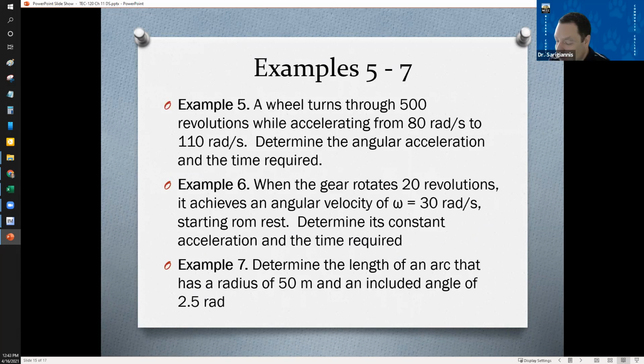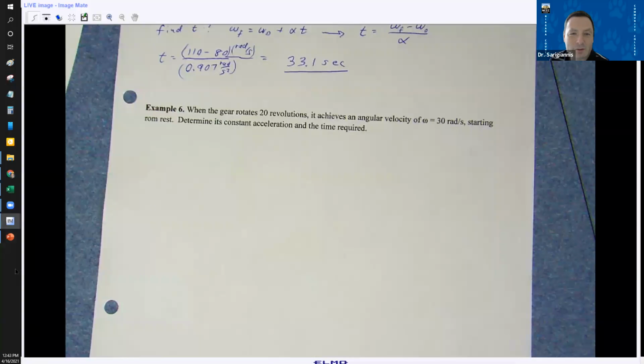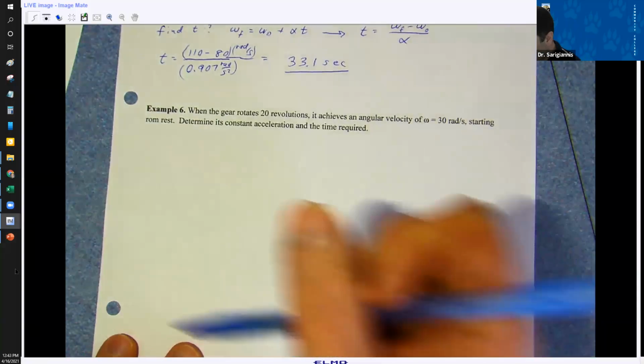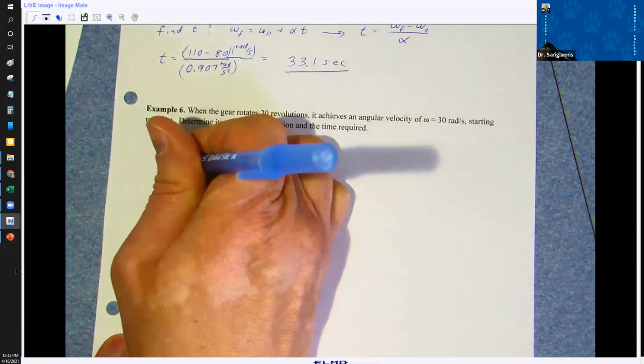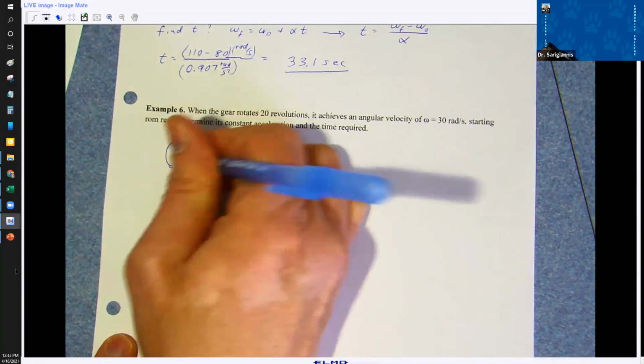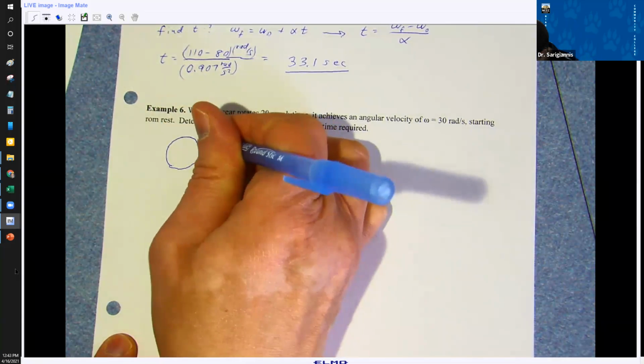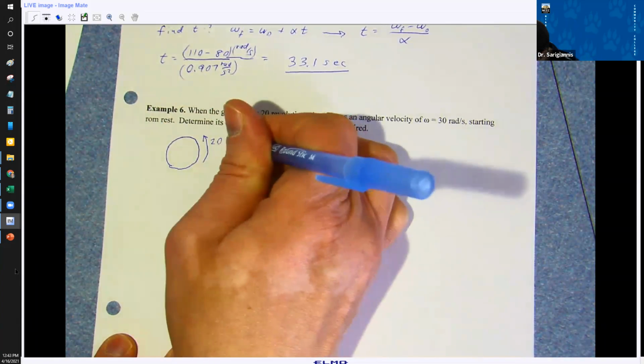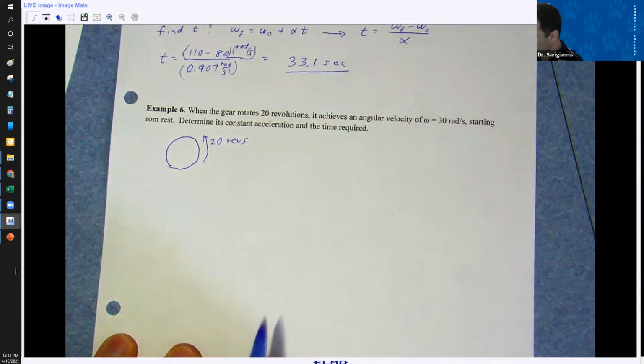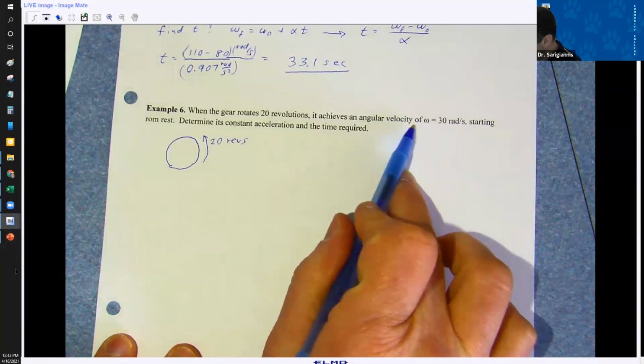So here we're going to use the same set of equations. We just have a slightly different problem to solve in terms of how it's worded, right? So a gear rotates 20 revolutions. It achieves an angular velocity.